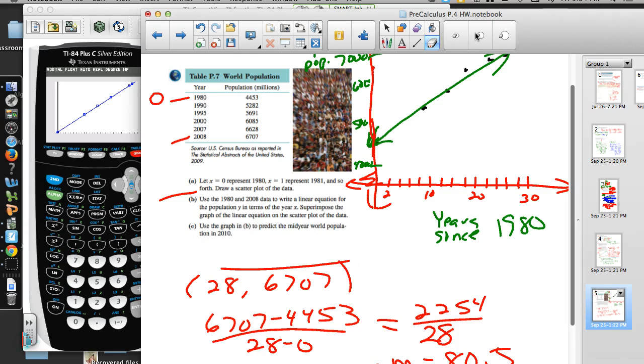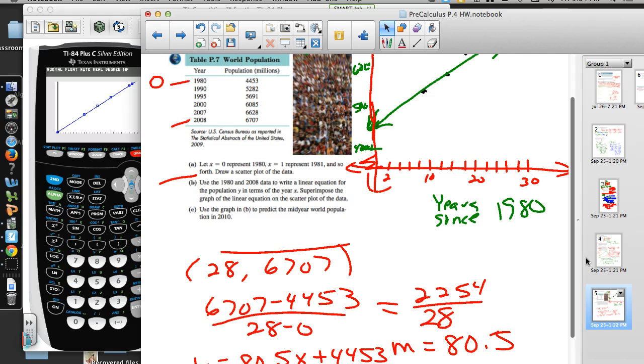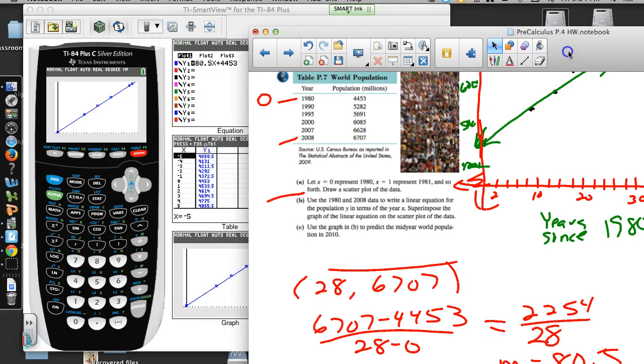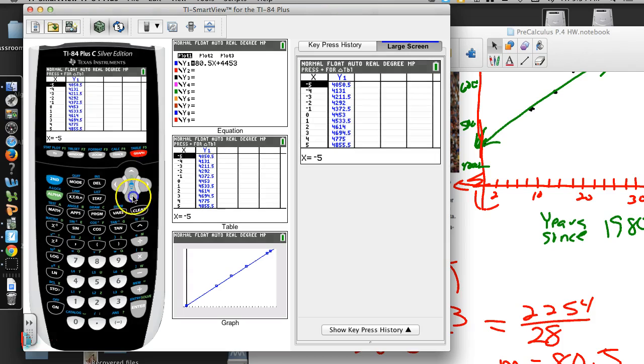So then C says use the graph to predict the mid-year world population in 2010. All right, so what we could do is think, well, when would 2010 be? Well, that would be 30 years later. So let me go to the table feature, second table, and I'll just go until I get to 30.